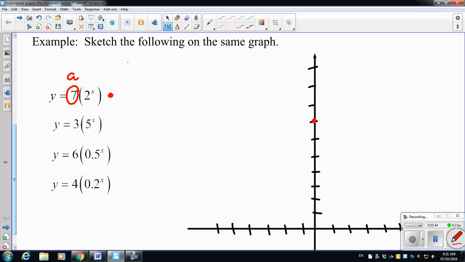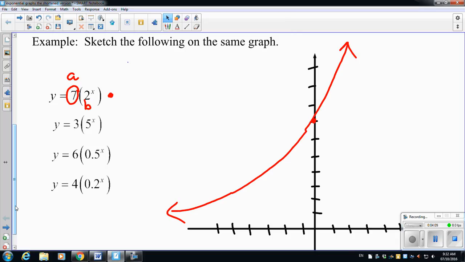So when the base is 2, that tells me a couple of things. It tells me the graph rises to the right, and it tells me it's kind of steep, not as steep as if the base were higher than 2. So I'm going to make my nice curve starting out here, and it's just going to go up to the right. And there's my graph. Done.